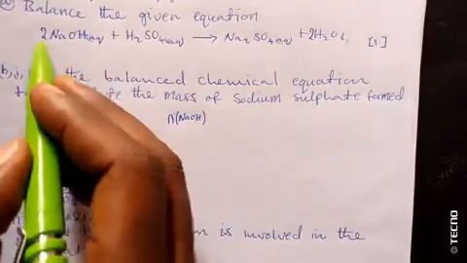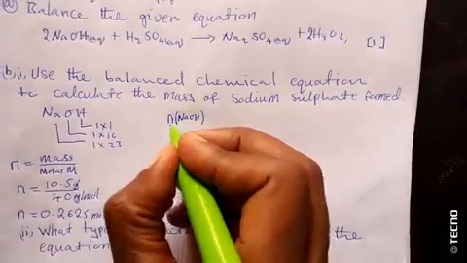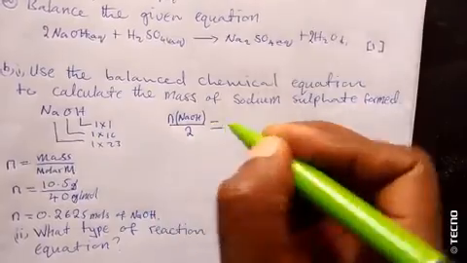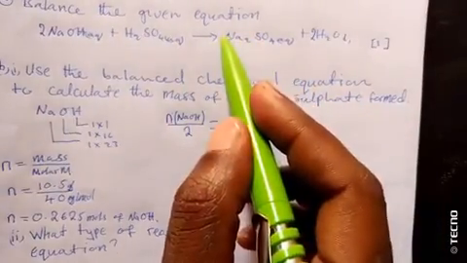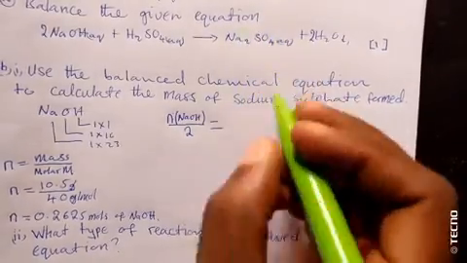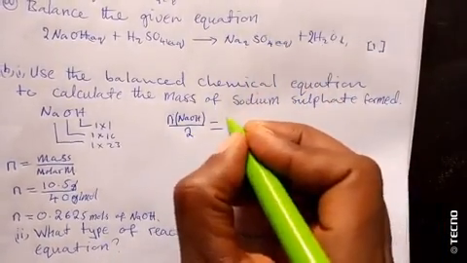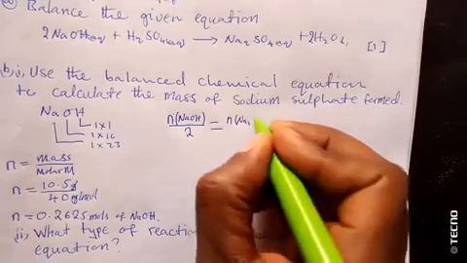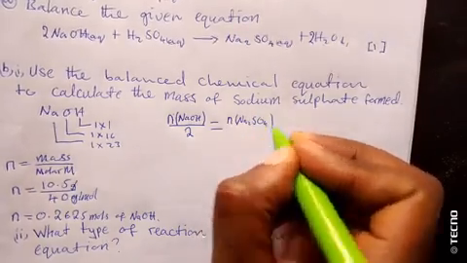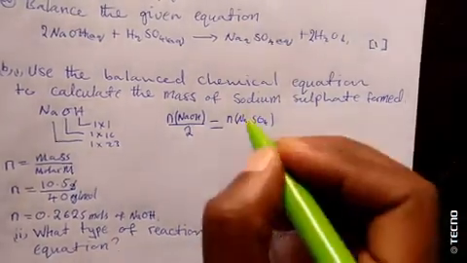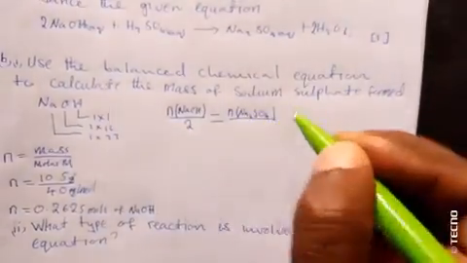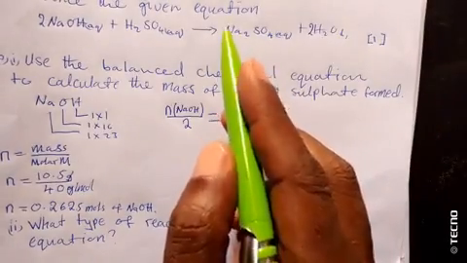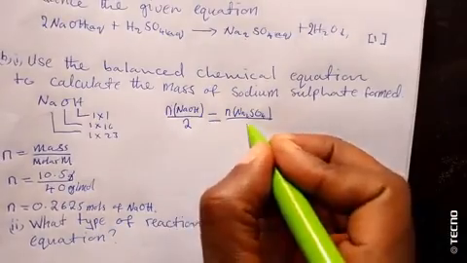Then you consider the coefficient, which is 2, which is equal to N, the moles of sodium sulfate. And here the coefficient is simply 1.